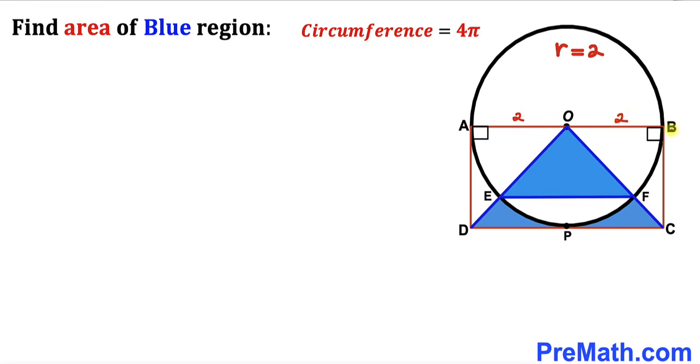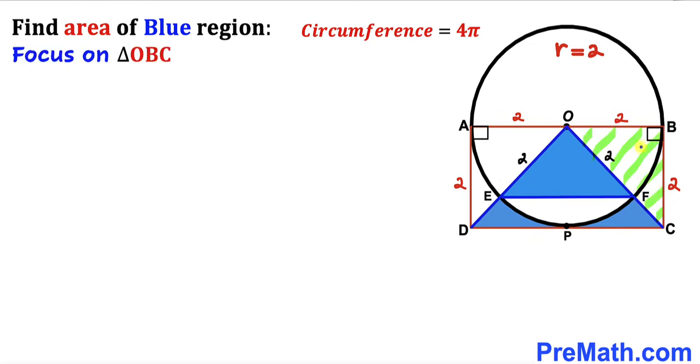Likewise, BC is equal to the radius of this circle, so this BC length is going to be 2 units, and likewise this AD length is going to be 2 units as well. Furthermore, OE is a radius, so this is going to be 2 units, and likewise this radius is going to be 2 units as well.